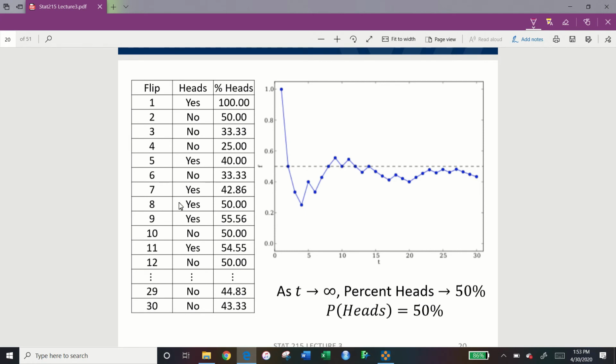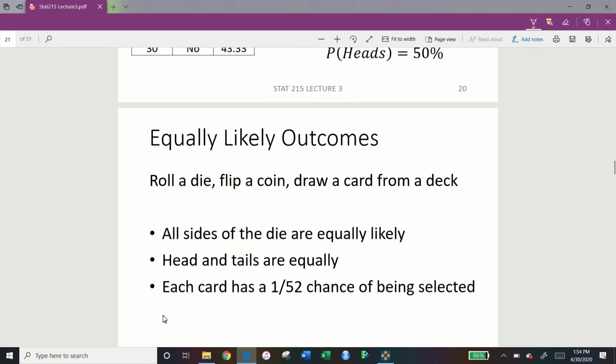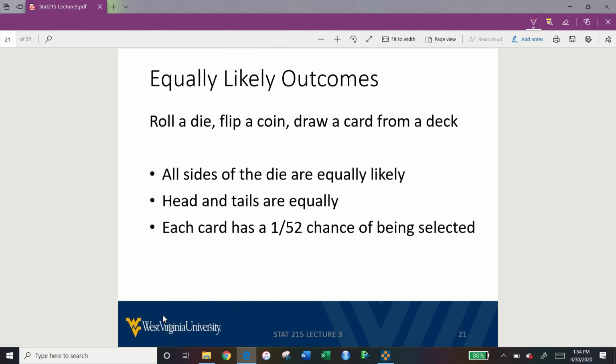But the more flips you do, eventually, if you were to converge all of that probability together, your number of heads versus your total number of flips, that should converge to be 50%. You can see this visually in our chart here, where it slowly changes our probability as the number of trials occurs. So even with just, say, 30 flips, we start getting pretty close to 50%. That is the law of large numbers.